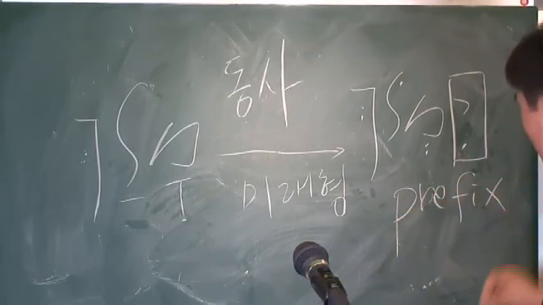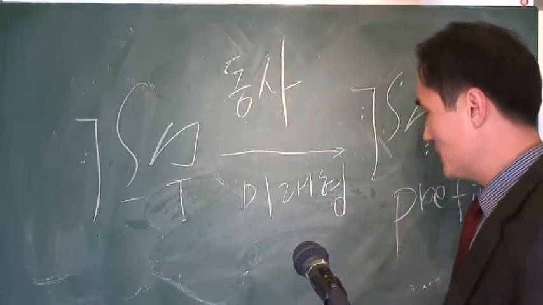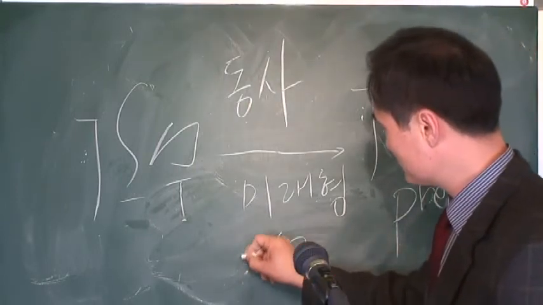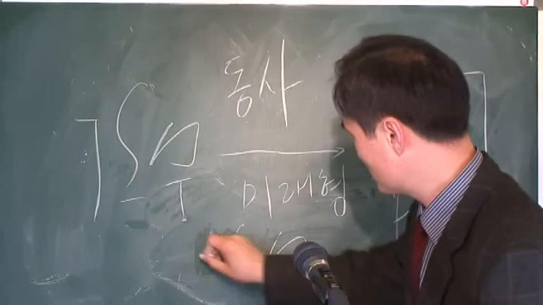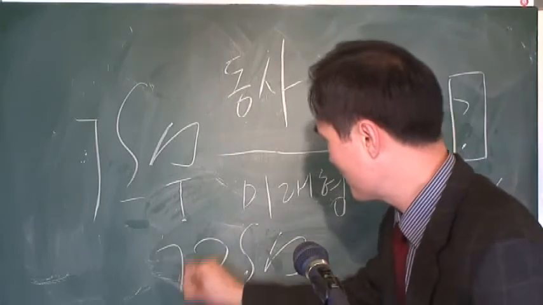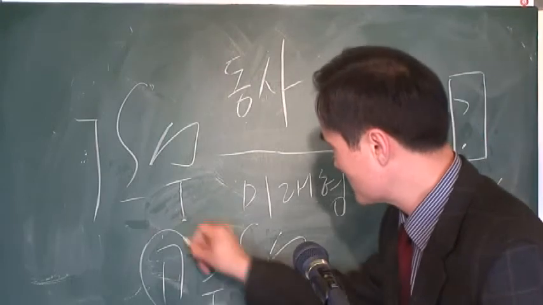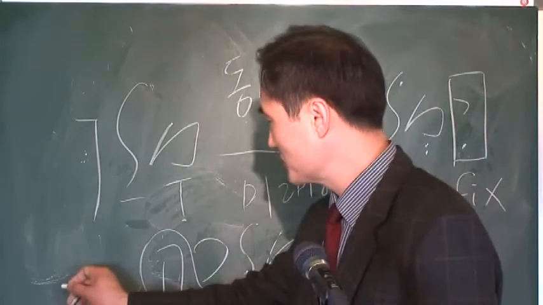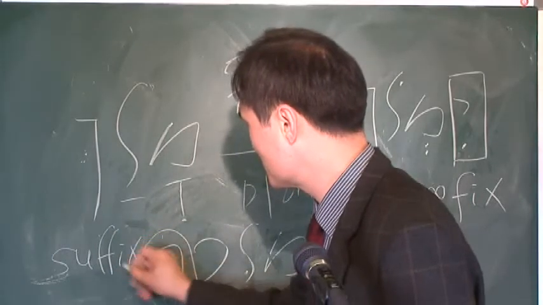Furthermore, just as we added words to the ends of words, I will write queen. Like this, words that are added to the ends of words are called suffixes.